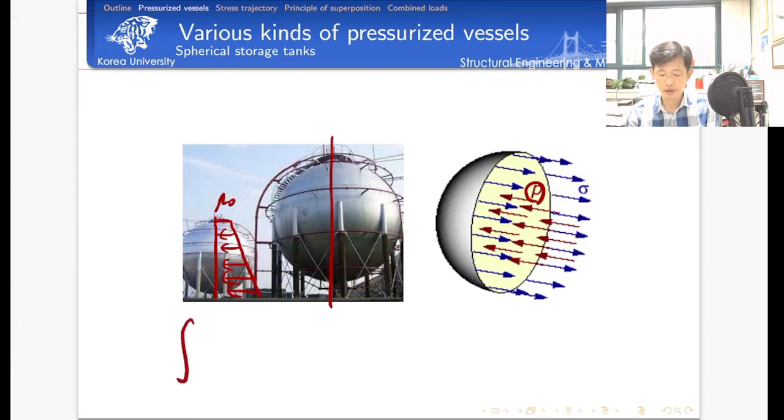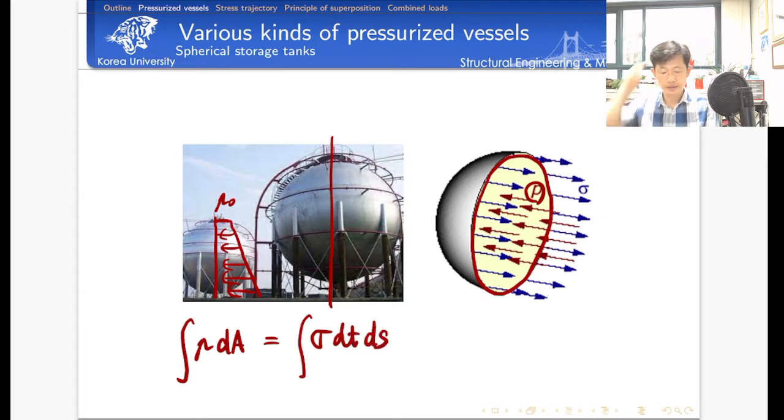The integration of the pressure over the cross-sectional area, and then what I mean is the inner cross-sectional area occupied by the substance, and then it should be equal to the integration of the stress, normal stress acting on the plate or the shell of this pressurized vessel, and then we need to integrate over the thickness and over the perimeter, isn't it?